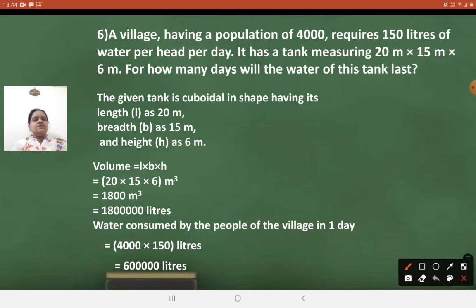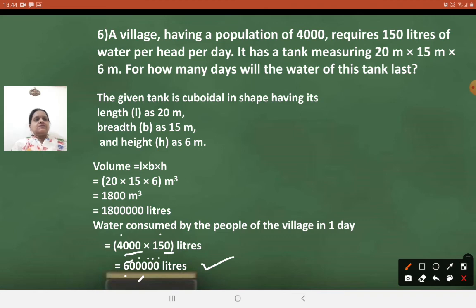Count the number of zeros and put the zeros. Yes, here 3 zeros and here 1 zero. So 1, 2, 3, 4. And 15 4s are 60. So write 60. So in total, 6 lakh liters. Is it correct? So 6 lakh liters of water will be consumed by people in one day.